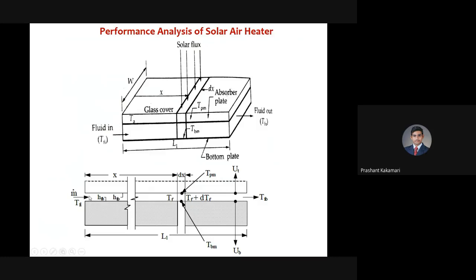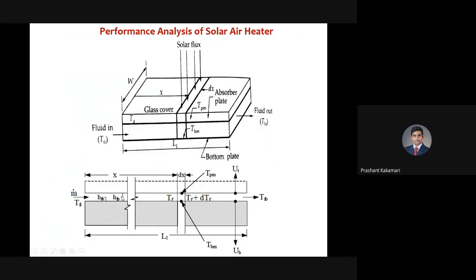The mass flow rate is considered as m dot, and the inlet fluid temperature is TFI. The heat transfer coefficient between air and the bottom plate you can consider as H2, or HFB because it is at the bottom side.